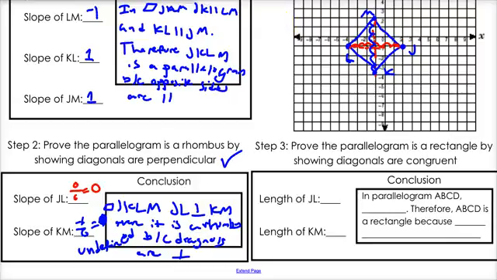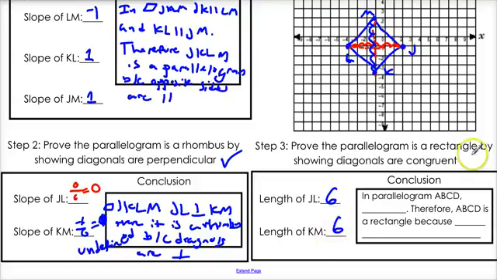And you know what? You're going to have to do it yourself. So what I'd like you to do is pause the video and find those lengths. All right, pause it now. Find the length of JL and KM. If you found your distances correctly, you should have found the distance from J to L is 6, and the distance from K to M is 6. This means that my diagonals are congruent.